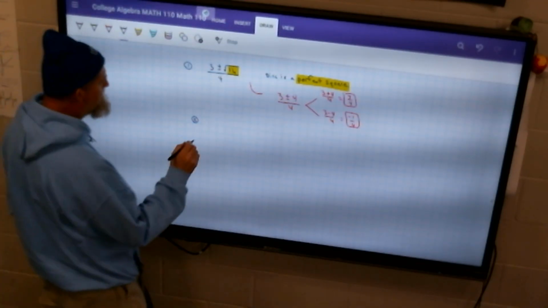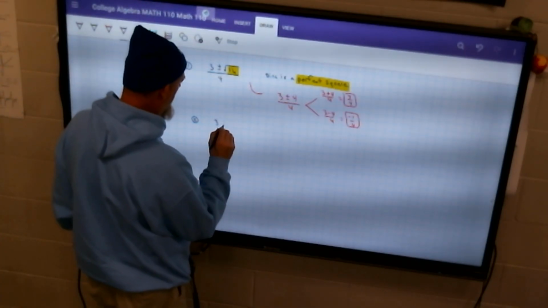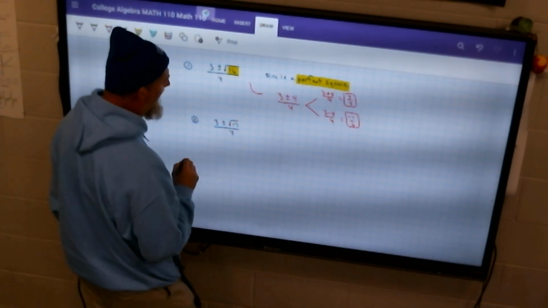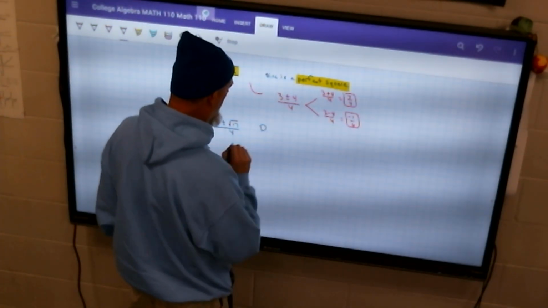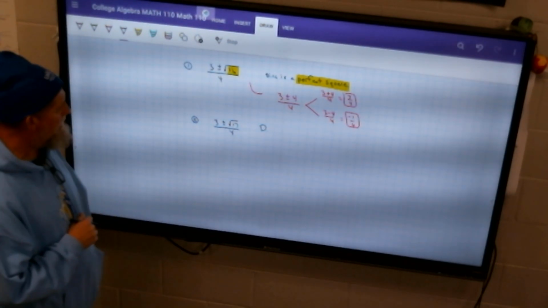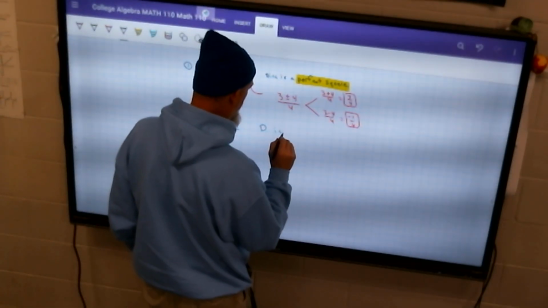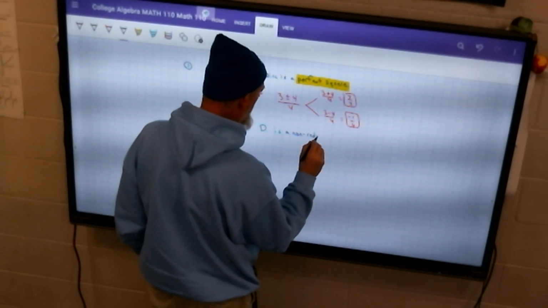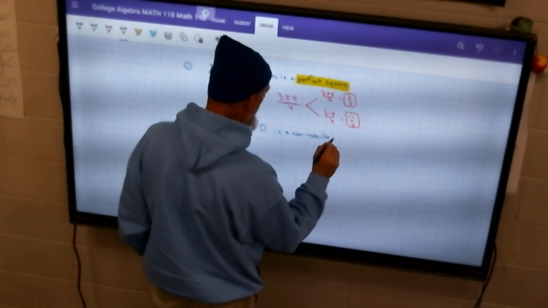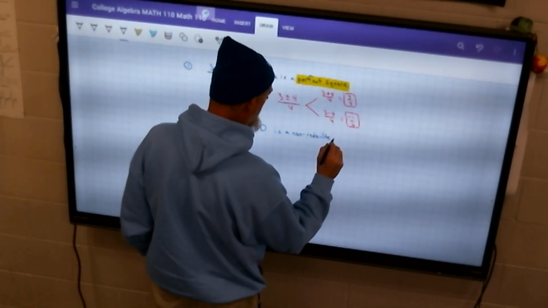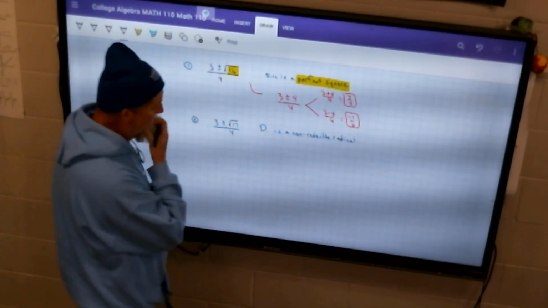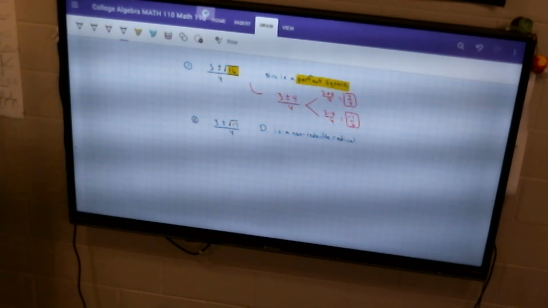Okay. The next possibility is 3 plus or minus the square root of 17 over 4. And this is where the discriminant, I'm just going to put capital D for discriminant, is a non-reducible radical. 17 is not a perfect square. 17 is actually prime.